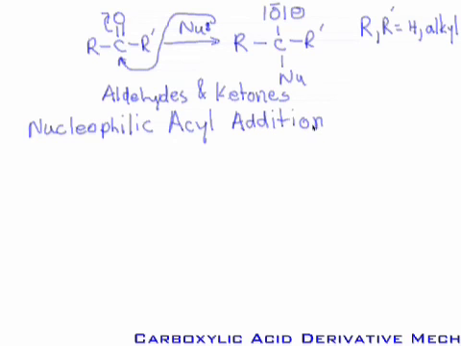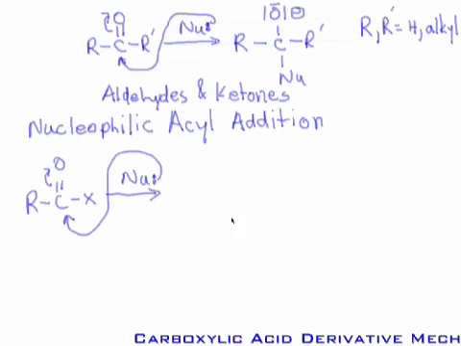Now consider what happens with carboxylic acid derivatives. Carboxylic acid derivatives that have R, C double bond O, X react with a nucleophile, and in the first instance the attack is perfectly identical to what happened for the aldehyde.